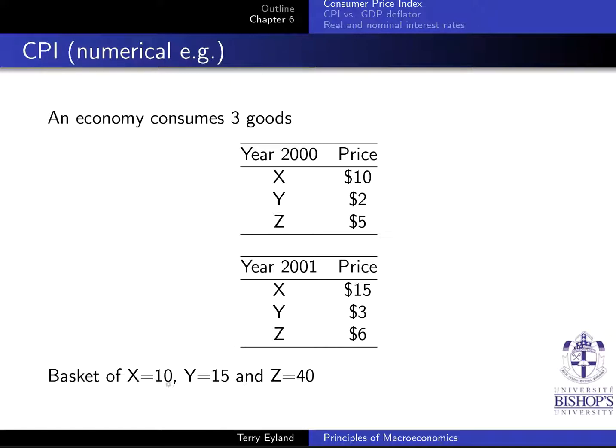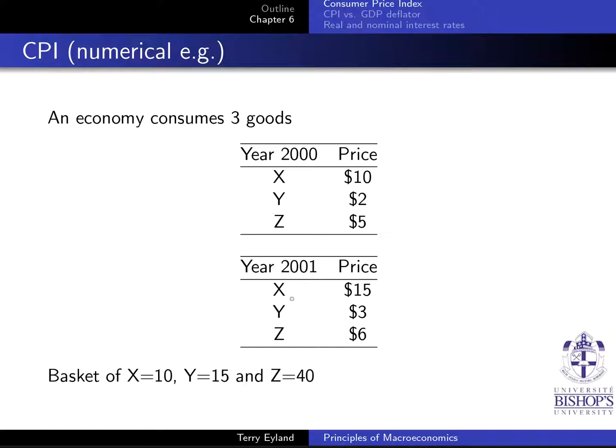So we have to calculate the value of this basket in year 1. Why don't we just do 10 plus 1 plus 10 plus 2 plus 5, 17, and then 15 plus 3 plus 6, 24 over 17 to get our inflation? Well, if you simply add up all these three numbers, you're essentially assuming that you're spending a third of your income on each of them.